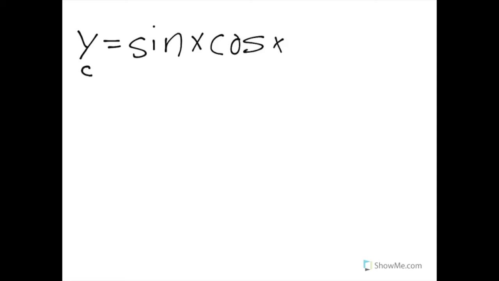Another problem that we can differentiate is y is equal to sine of x times cosine of x. Even though we have a trig problem, and trig problems are scary, we still apply the same rules.